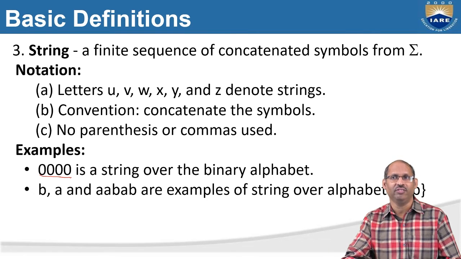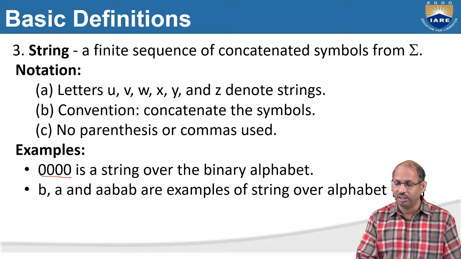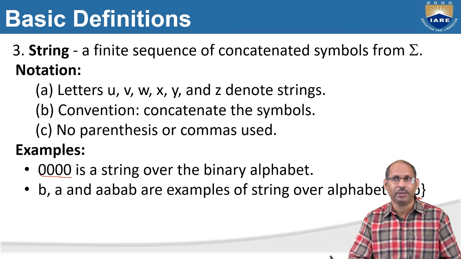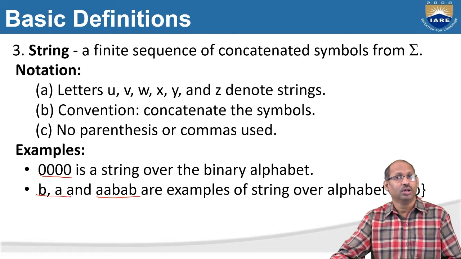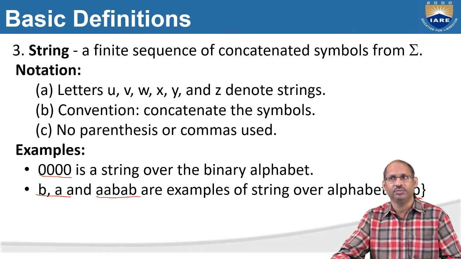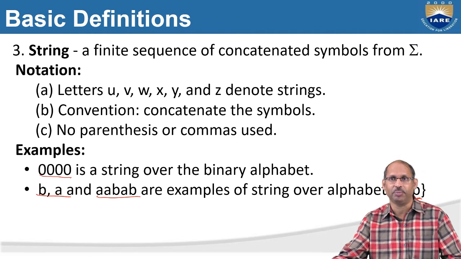Here our alphabet is a, b. Then these are example strings. a is also a string having one symbol from the alphabet. b is also a string having one symbol from the alphabet.